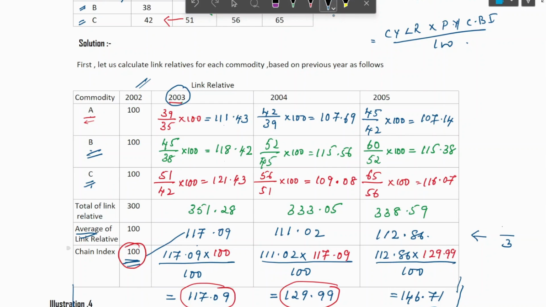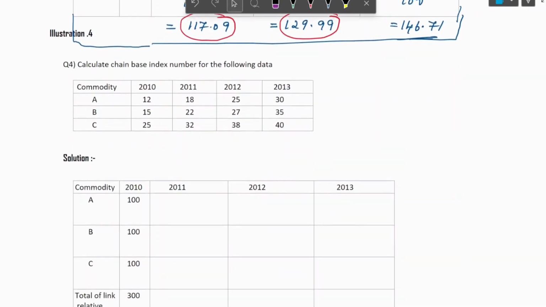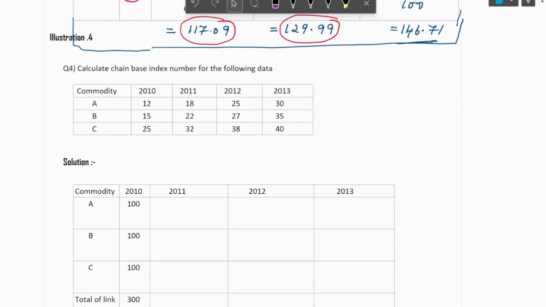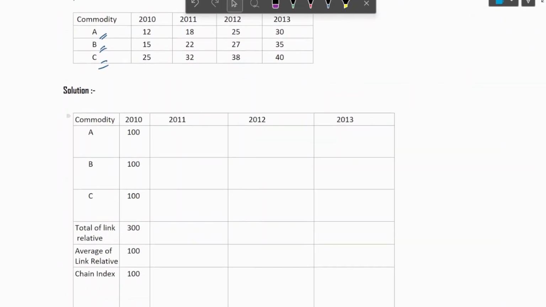We will do one more sum, then it will be more clear for you. The same type, one more question. Calculate the chain base index number of the following. Here again A, B, C, 2010 to 2013. Normally they will give you 3 commodities. Here the prices of A, B, C are given. While making the columns, first you will make the row for finding the link relative.